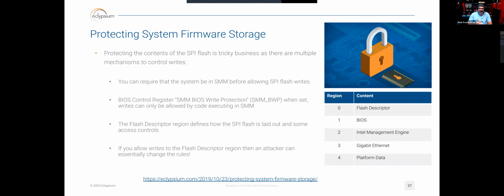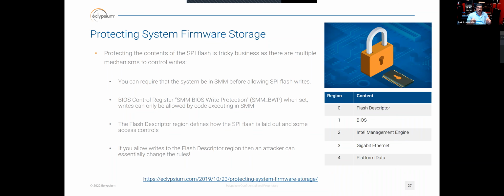So your UEFI BIOS is stored on your SPI flash. Intel Management Engine, as I mentioned, also has a storage region on the SPI flash. Sometimes your gigabit Ethernet controller and your EC firmware can also be stored on the system SPI flash as well.